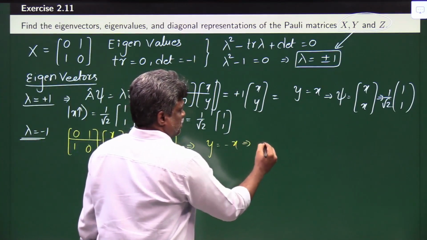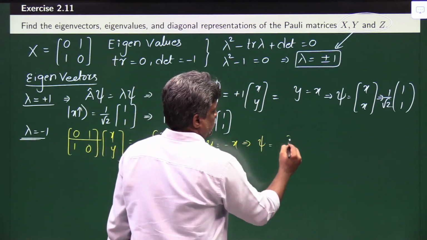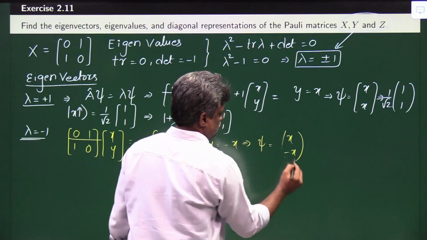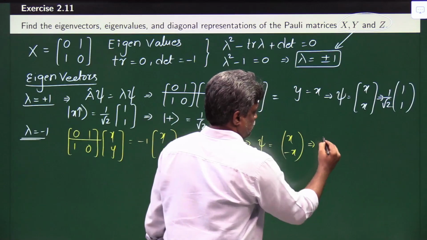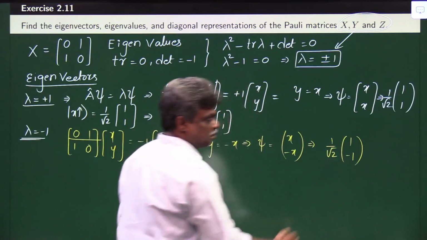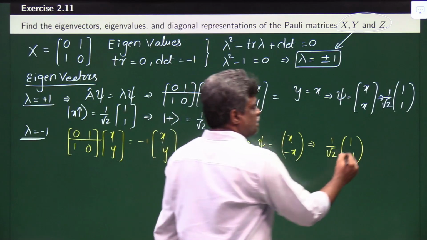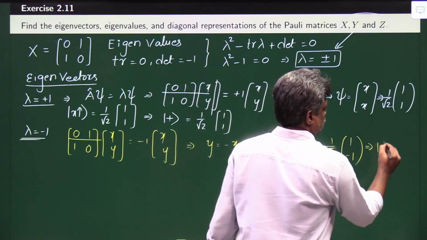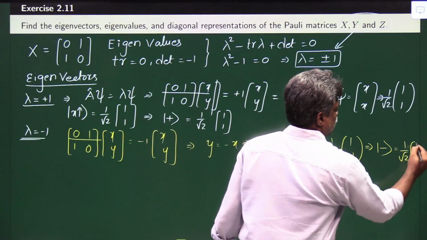So y equals minus x, meaning psi equals (x, -x). If you take x equal to 1, we get (1, -1), and the normalization constant is 1 by root 2. This is represented in the diagonal basis as ket minus equals 1 over root 2 times (1, -1).